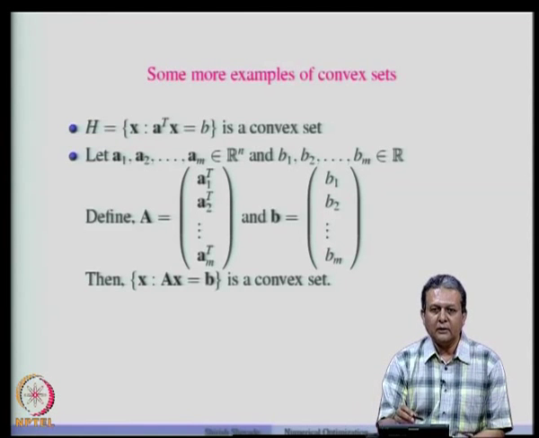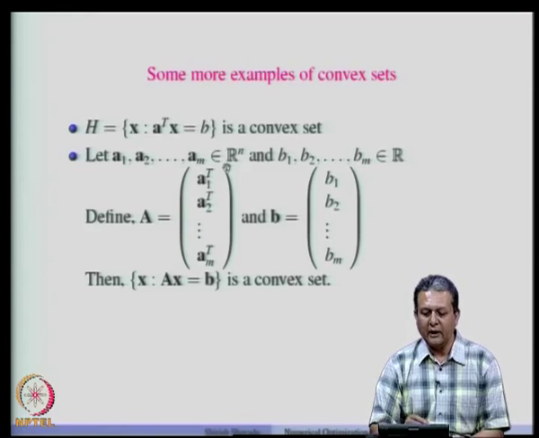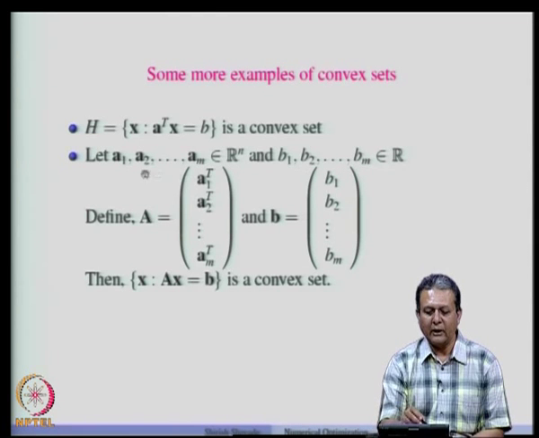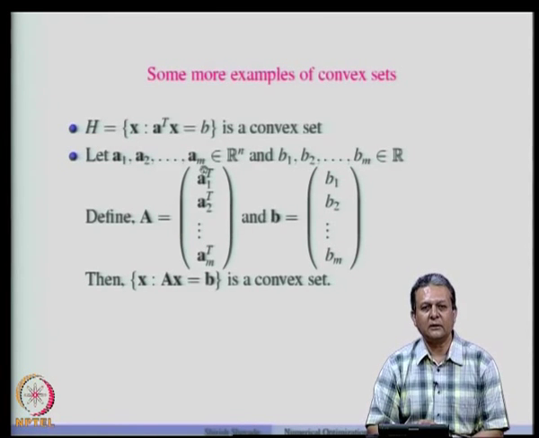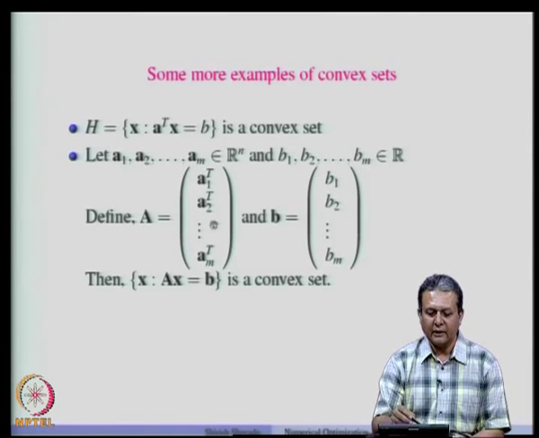Now, let us consider m vectors in n dimensional space and m scalars b1 to bm. So, a1 to am are the m vectors, and suppose we arrange them in the form of a matrix where the ith row denotes the transpose of the vector ai. So, you have an m by n matrix A and b is an m dimensional vector.